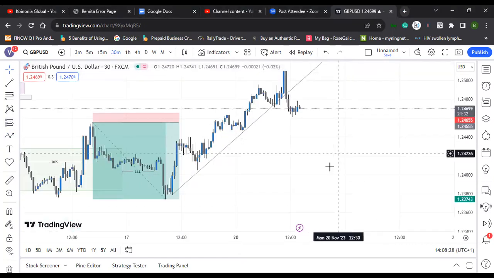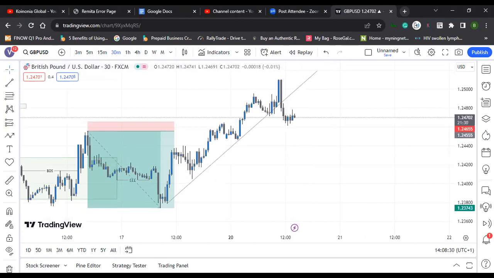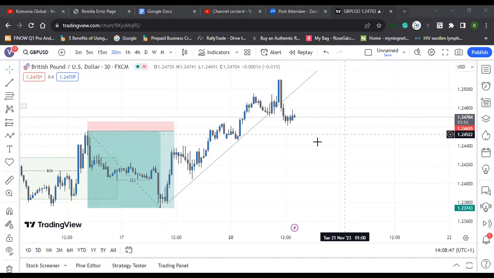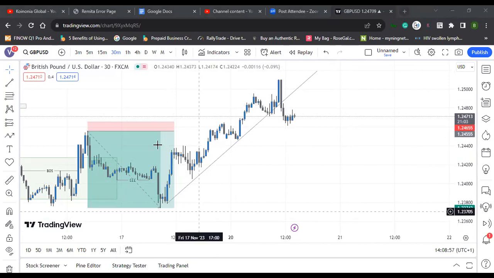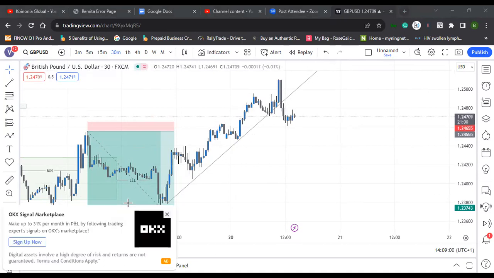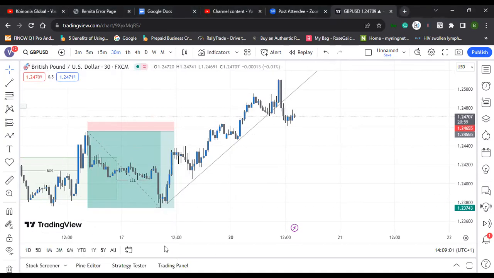Can you guys still see my screen? Hope my screen is not frozen. If you can still see my screen, you can see the GBPUSD I'm analyzing, just put it in the chat box so I'll be sure that we are together. Okay, perfect. All right, so what I'm expecting, give me a few minutes, guys.